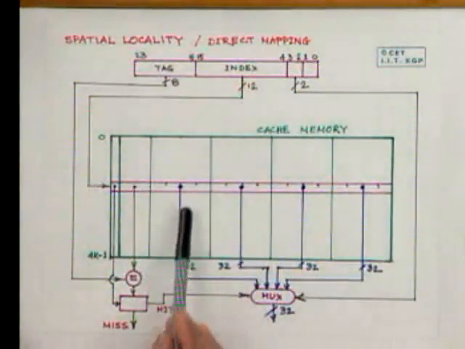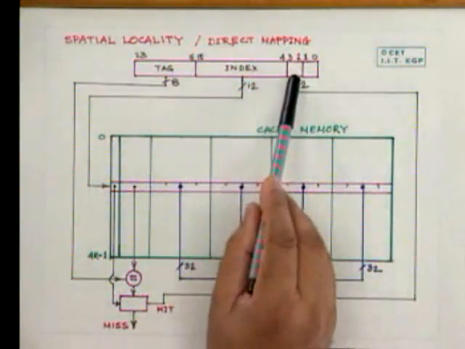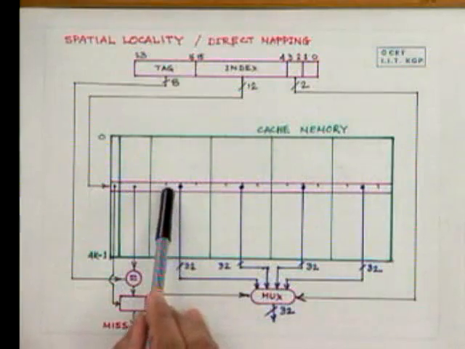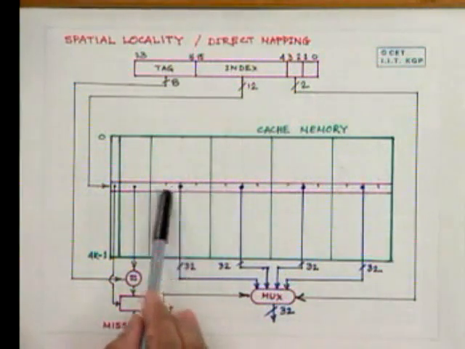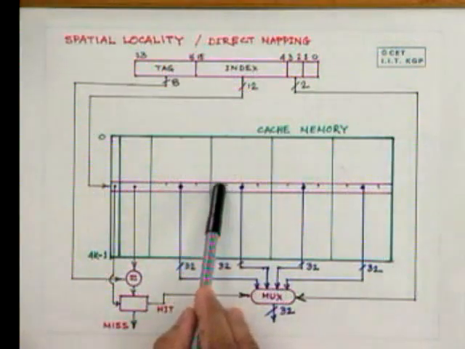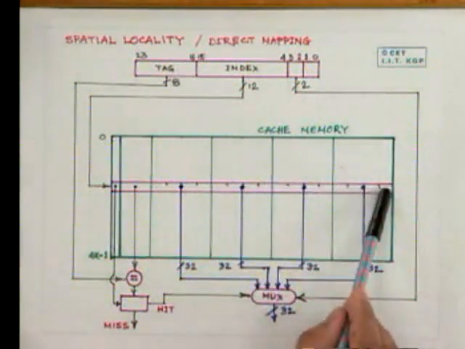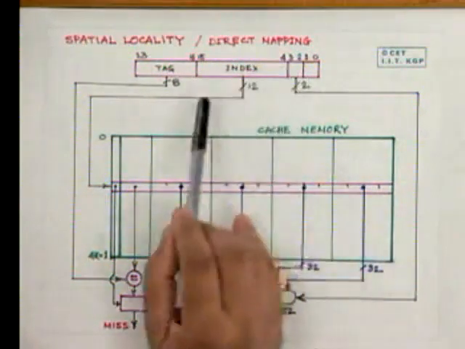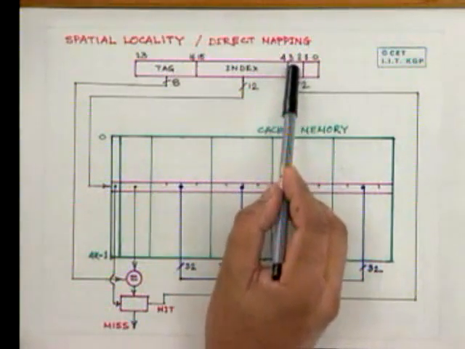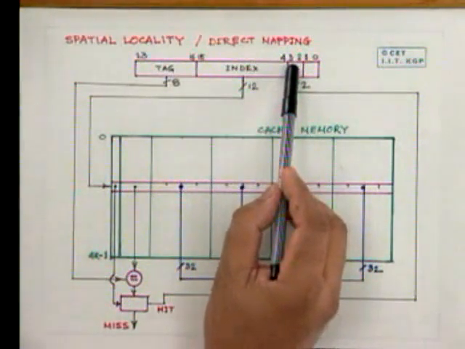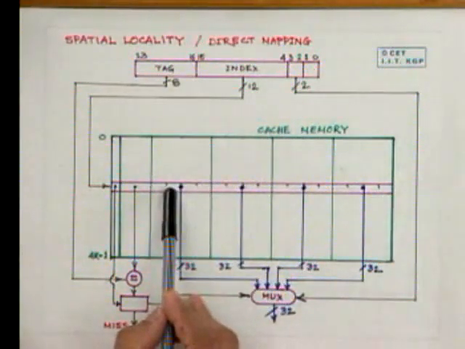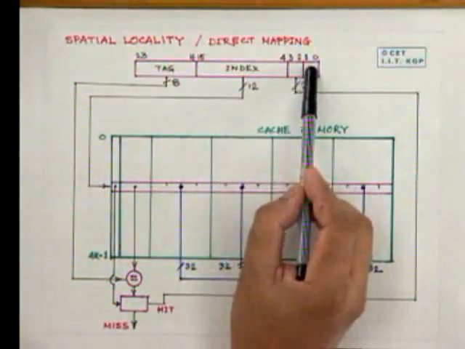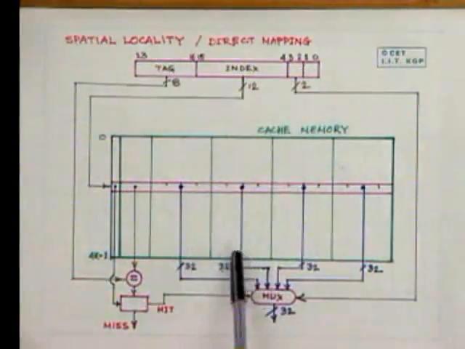That means we are thinking in terms of 4 blocks, each of say 4 bytes in size. This is one block, this is the second block, this is the third block, this is the fourth block, consecutive blocks. Therefore these 2 bits determine which block it is, and these 2 bits determine which byte within this memory block we are addressing right at this moment.